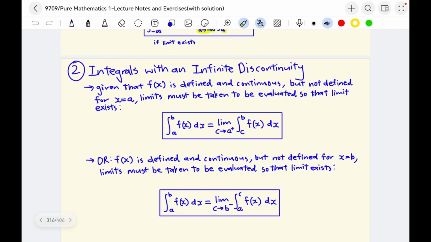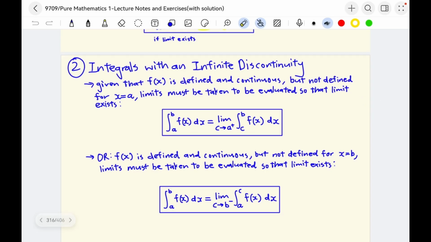So in summary, to integrate with an infinite discontinuity, first find the integral of f(x), which you will get in another form. But in your syllabus, it only involves algebra or polynomials, so I assume that the integral result is a polynomial. After you integrate the polynomial, substitute the limits, just that one of the endpoints might not be defined for the bigger F(x).